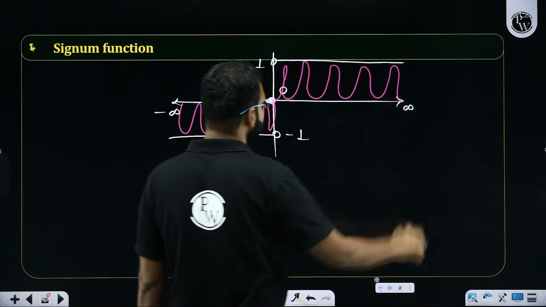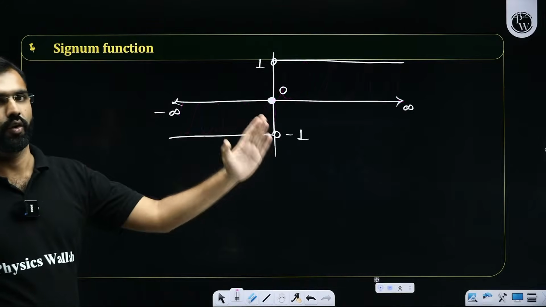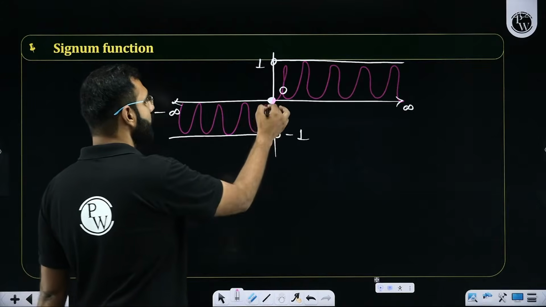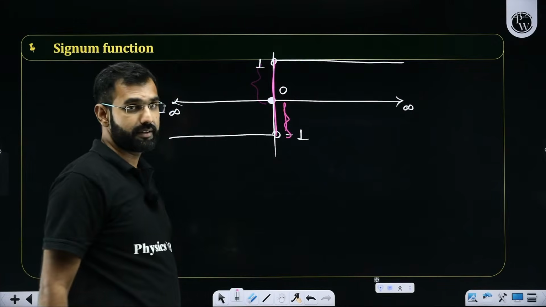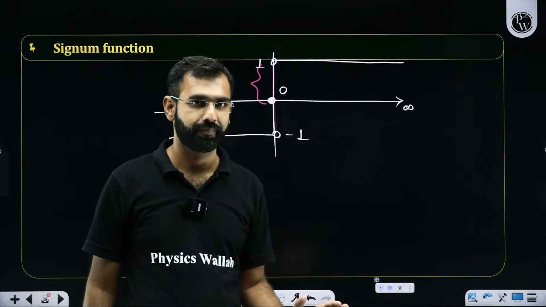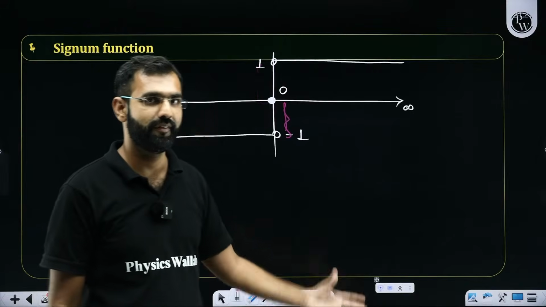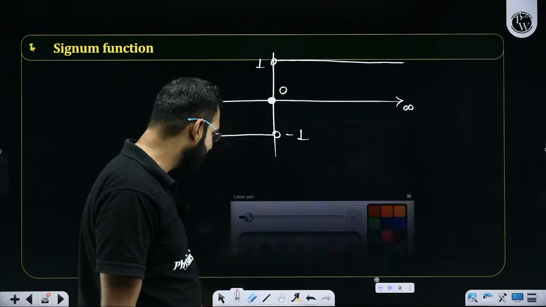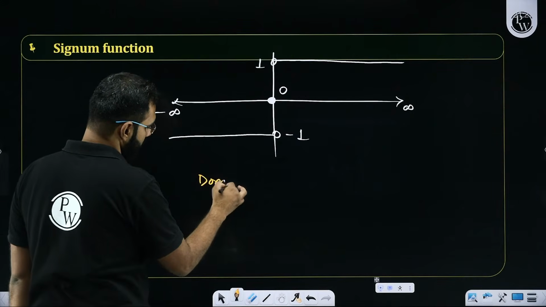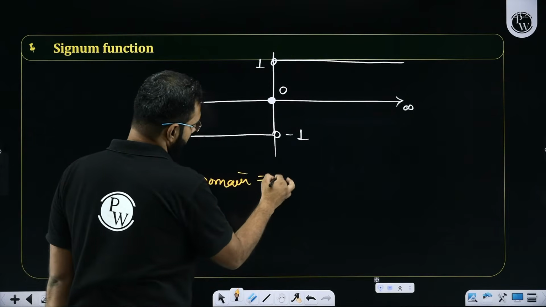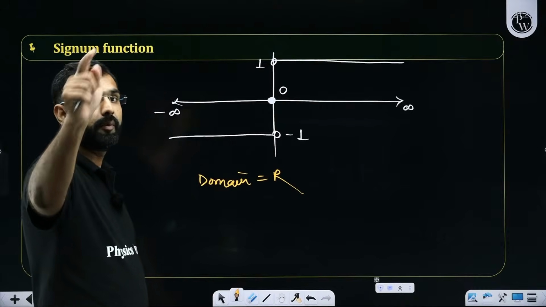The graph breaks here, and although it broke and jumped from here to here, it still existed everywhere, for negative values, for 0, for positive values. So in that case, its domain is all the real numbers. Now, can you help me with the range?